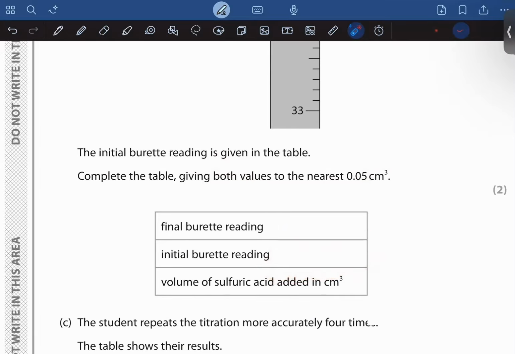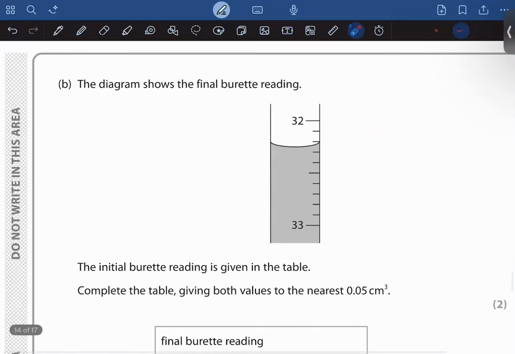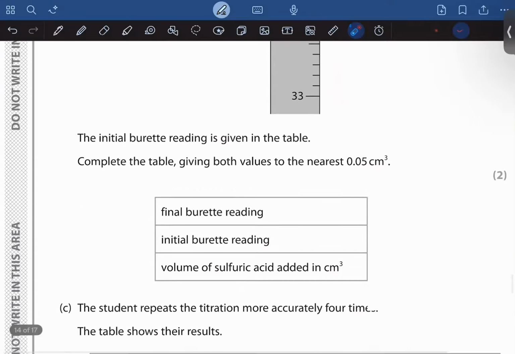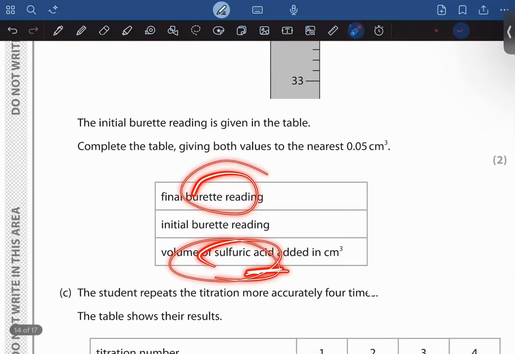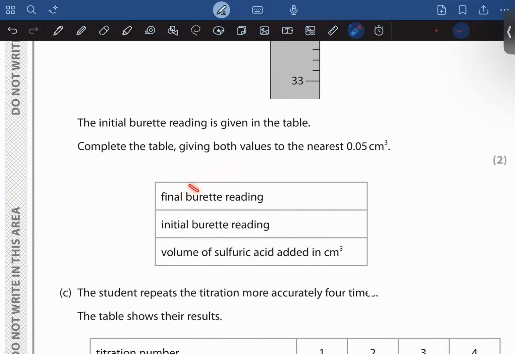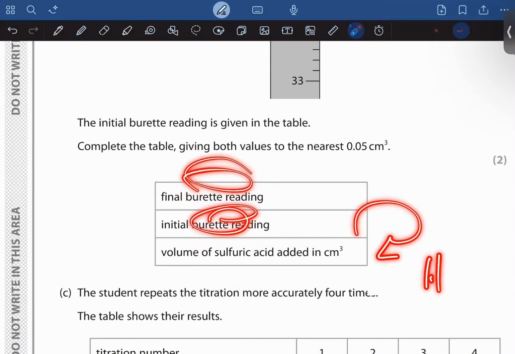The volume of acid added is going to be the final minus the initial reading, because as the burette level goes down, the volume increases, right? So final minus initial would give you the volume of sulfuric acid that was added.